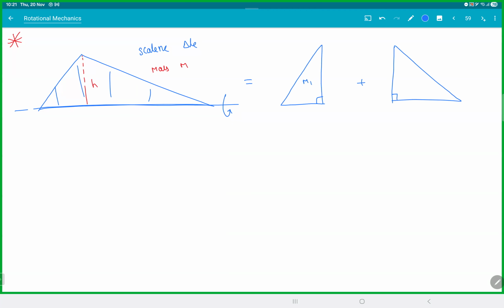Let the masses be m1 and m2. Height will be the same for both of them. So this moment of inertia is m1 h square by 6, and this one is m2 h square by 6. We derived this just now for a right angle triangle. Therefore, the moment of inertia for the scalene triangle will be (m1 plus m2) h square by 6, and m1 plus m2 is the total mass. So it doesn't matter. Moment of inertia of any triangle about the base is mh square by 6.